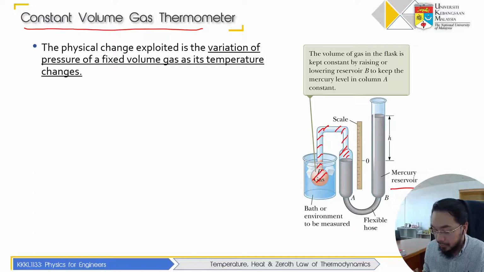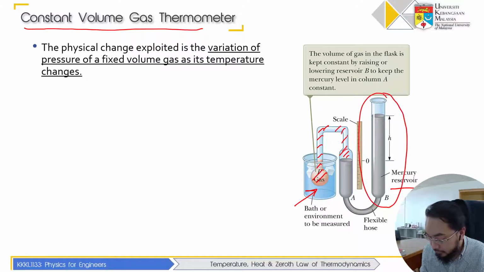And then what will happen is that if you cool down, or if you change the temperature of the liquid in which you immerse the gas, all right, the pressure will change. So first of all, the volume might change. So what you will do is you will have to move this part of the thermometer up or down in order to make the level of mercury on this column be at 0, so that you can maintain the volume of the gas to be constant.